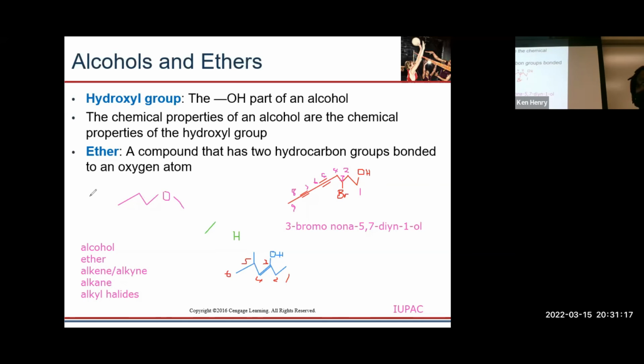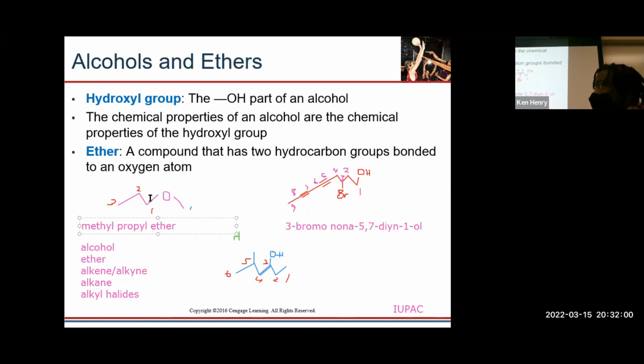The way you would name this is that you would count the carbons on each side, starting from the one nearest to the oxygen. So this is 1, 2, 3, and on the other side this has only 1. So its common name is methyl propyl ether.